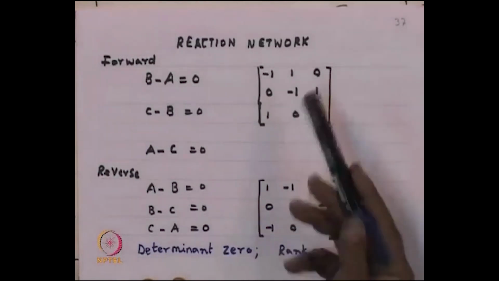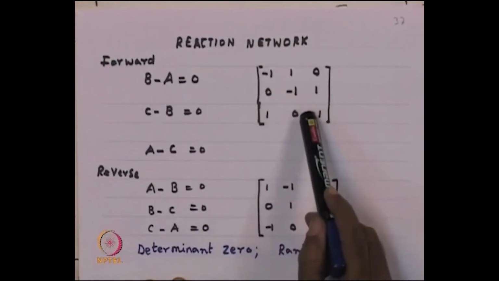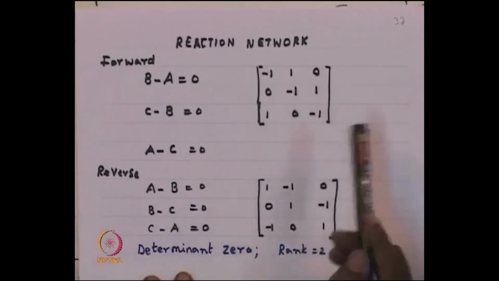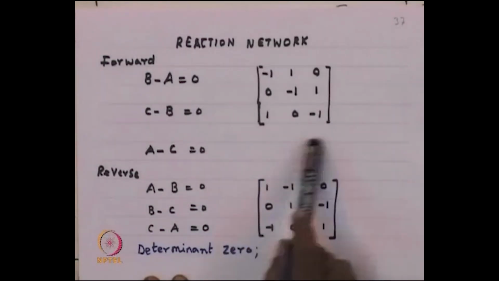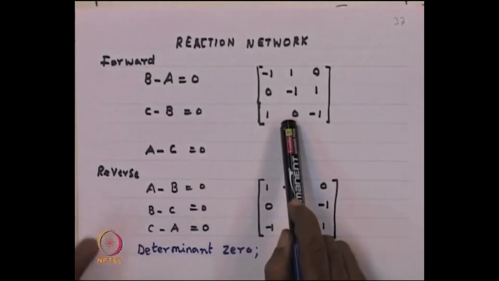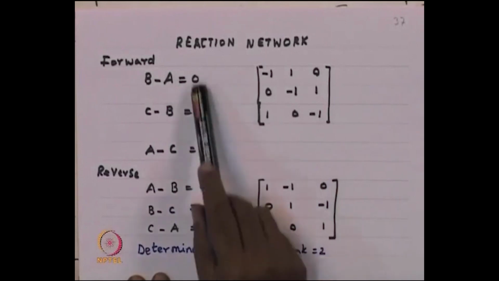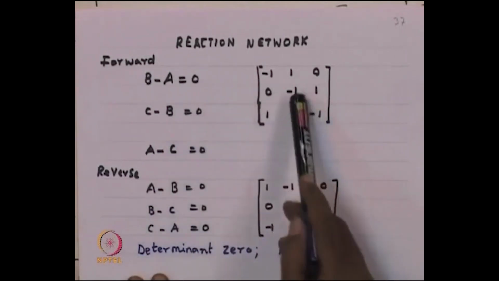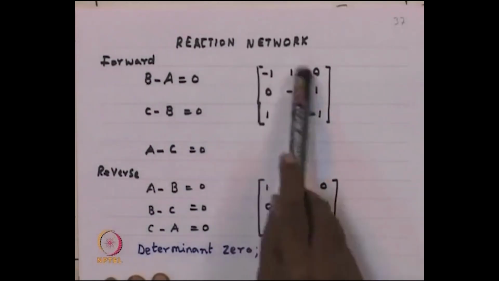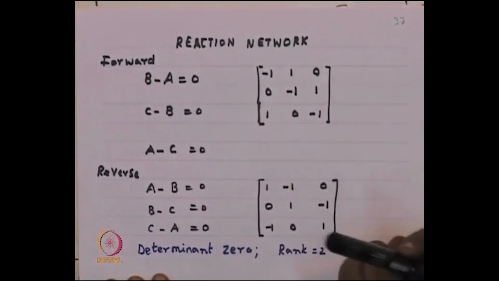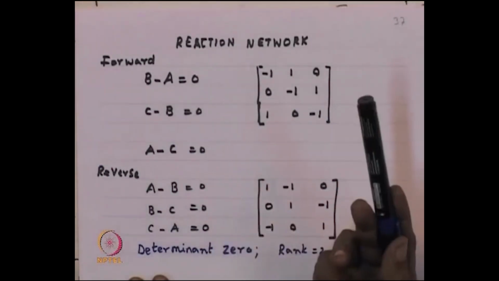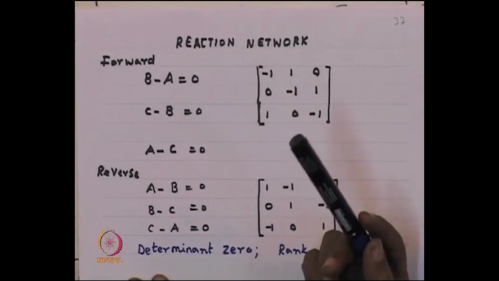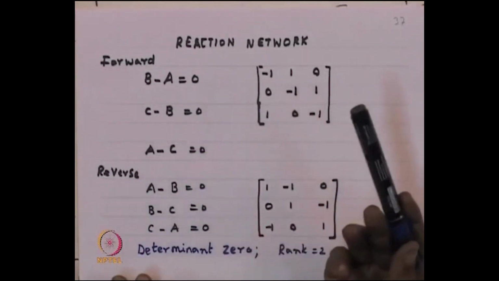You can just expand it and find out for yourself the determinant is 0. Okay. All right. So, which means that this matrix is singular, showing that all the 3 reactions are not independent. If you take any second order matrix, for example, any 2, you can see it is independent, showing that there are 2 reactions that are independent. Okay. Is this clear? How to find out?